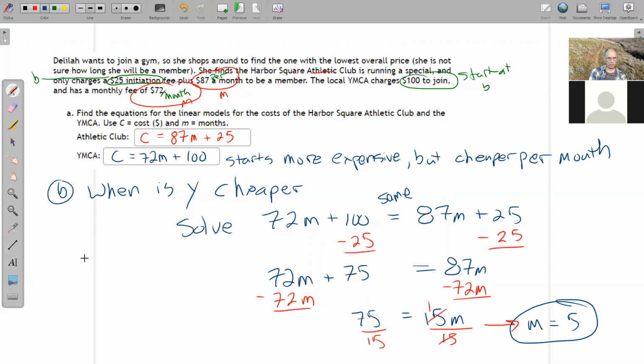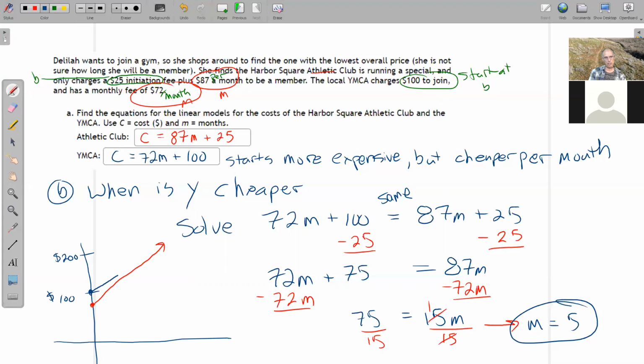If I were going to draw a picture of what this looks like, let's put $100 right here, and that would be $200 there. The red is the athletic club, which starts at 87, maybe about right here, and then starts heading up. And in blue, the YMCA starts at 100 right here, but it doesn't go up as fast.